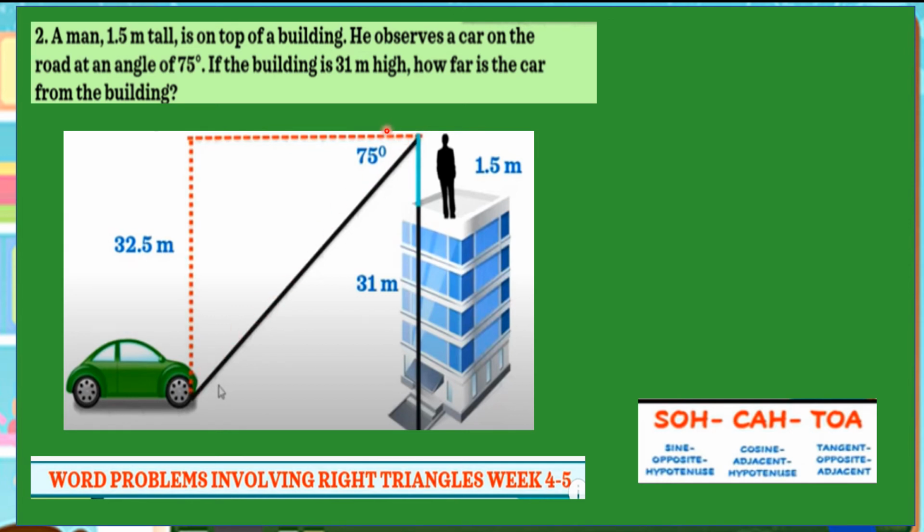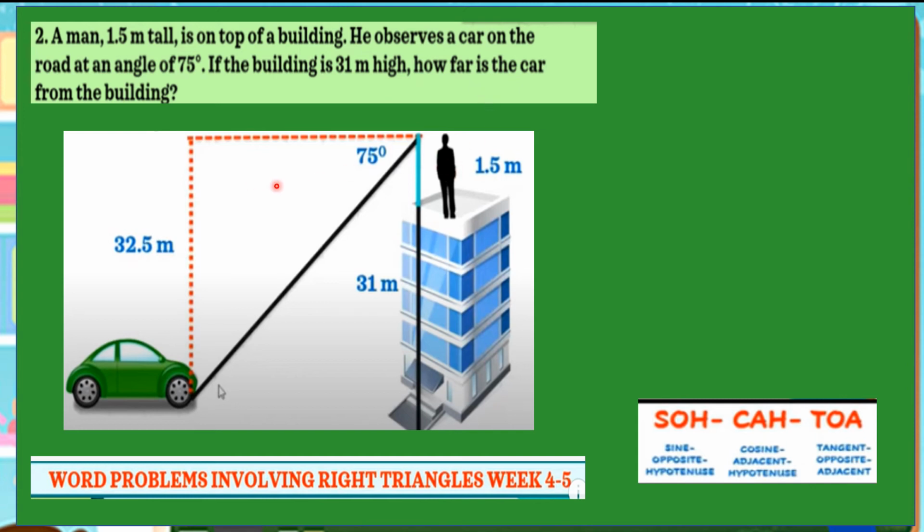It will form an angle, and this angle is the 75 degrees. Then, bakit kaya nagkameron dito ng height na 32.5 meters? So, if the building is 31 meters high, how far is the car from the building?